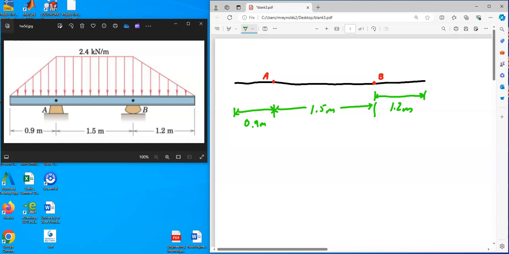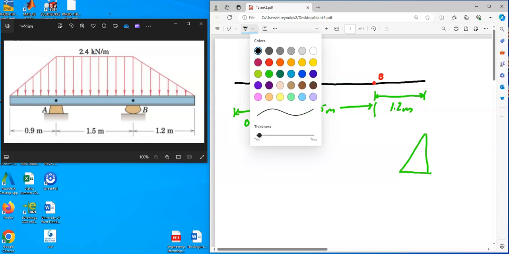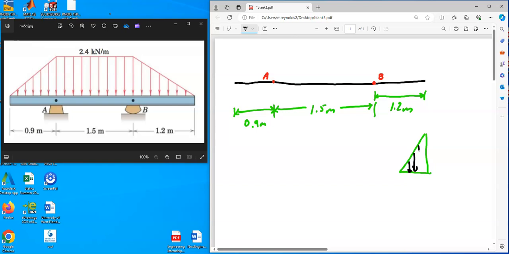What you want to do is look at that distributed load as really three different distributed loads. You've got a triangle, a rectangle, and another triangle. So let's take a look first at the triangle that is to the left of point A. Whenever you have a triangular distributed load, you have to remember a couple things. The resultant force is equal to the area of a triangle, 1/2 base times height.